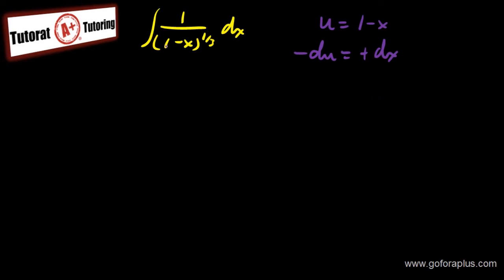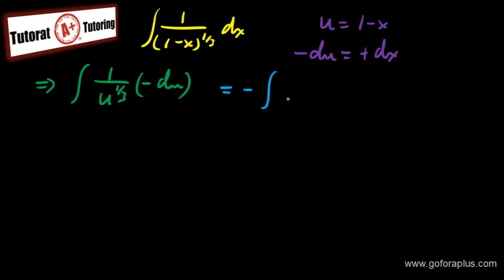If I replace this, the integral becomes 1 over u to the 1/3 times minus du. I can factor the minus sign in front: minus the integral of u to the minus 1/3 du. This becomes minus u to the 2/3 over 2/3 plus c.